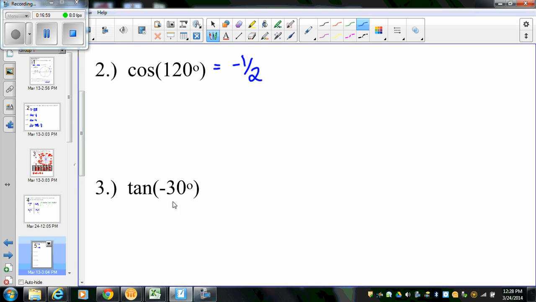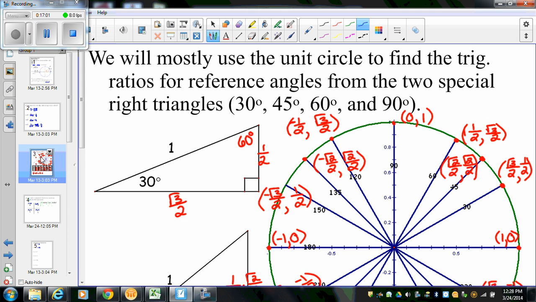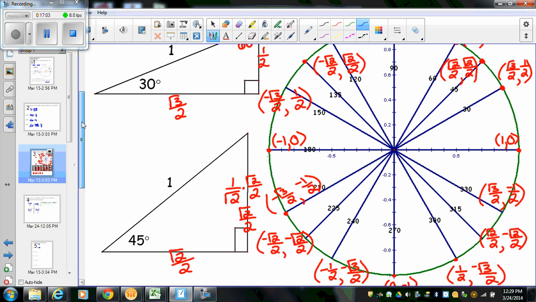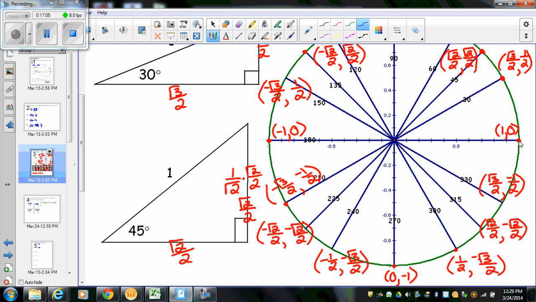Next, we have the tangent of -30. So on my unit circle, if I'm going -30, that means I'm starting here at 0 and I'm going down 30 degrees. So that's really positive 330. But that doesn't matter. We're just looking at the reference angle. And so I'm doing cosine, comma, sine. But I want tangent.